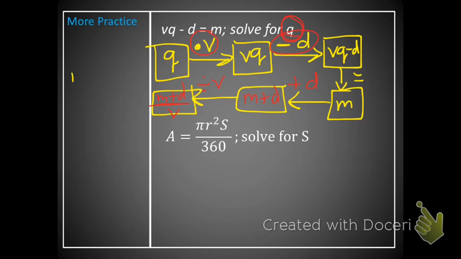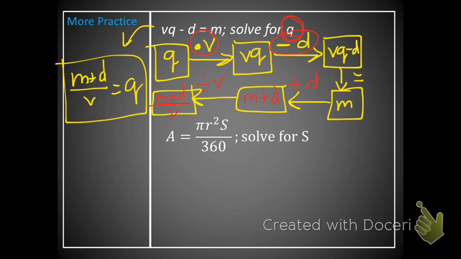The equation is M plus D all over V equals Q. That's solving the original equation for Q.